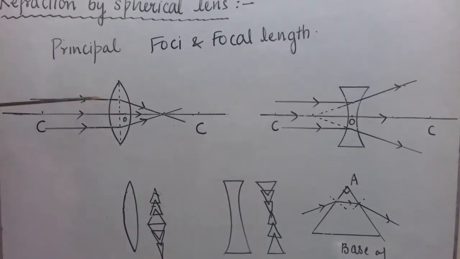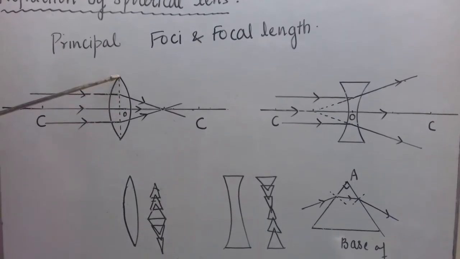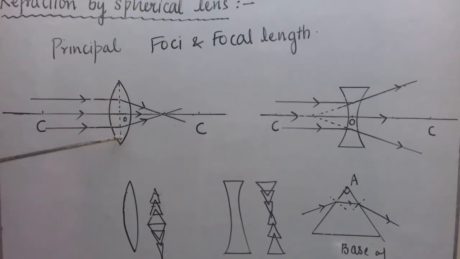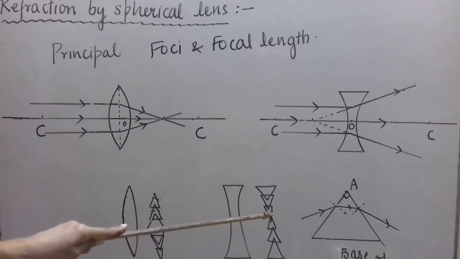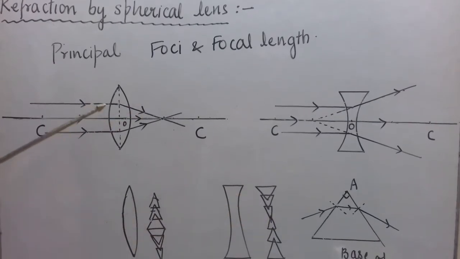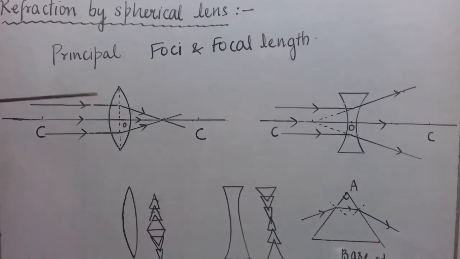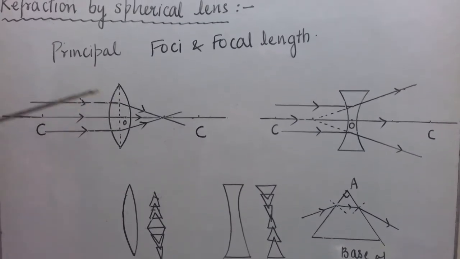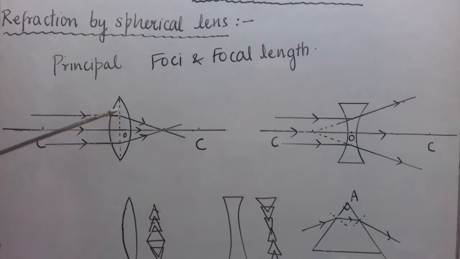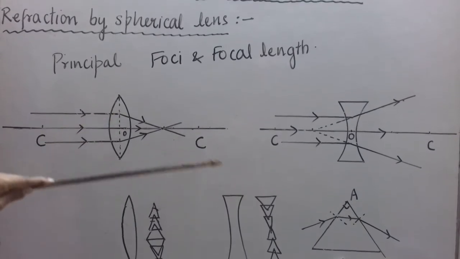First the incident ray is shown, and finally at this dotted line we show the final emergent ray. The central ray we skip in order to keep the diagram simpler. So we have this first incident ray, and we extend it till the center dotted line, and from here we show the final emergent ray.